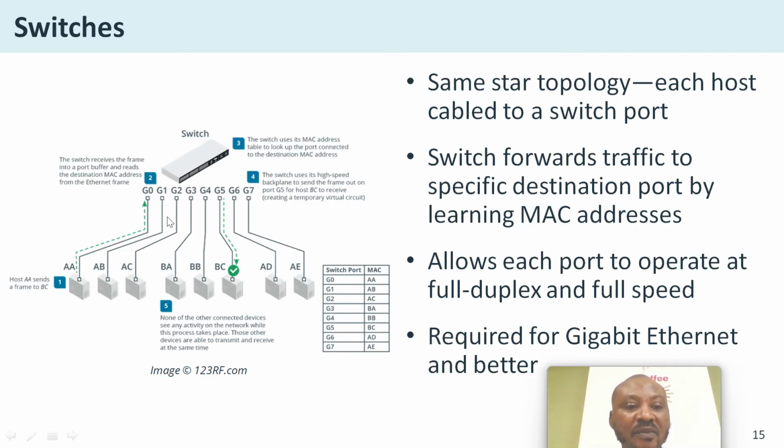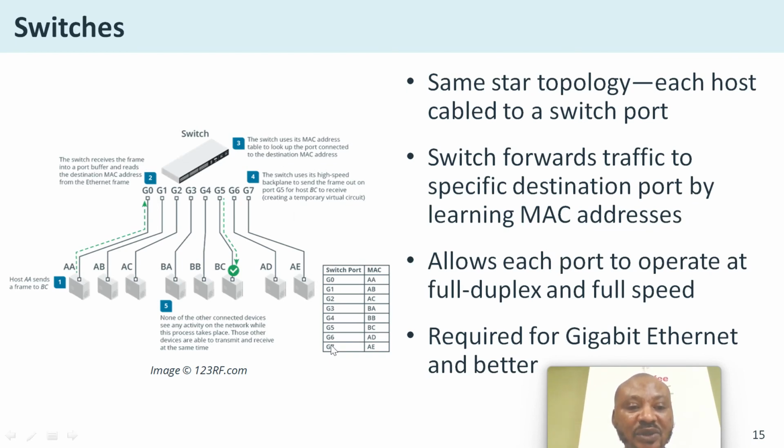So if a device on the network sends a transmission, what happens? The switch will first of all want to know about that device that sent the transmission. How would the switch be able to know? The switch has a place we call the MAC address table.